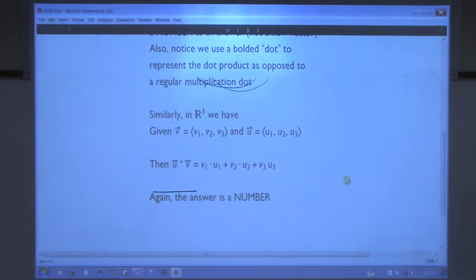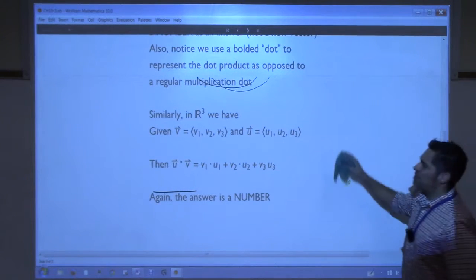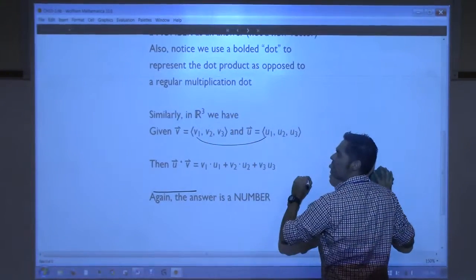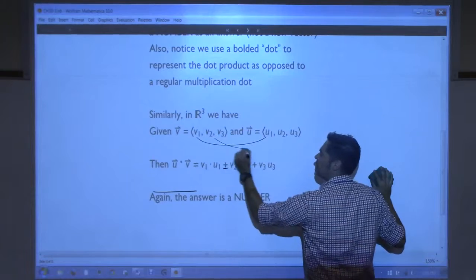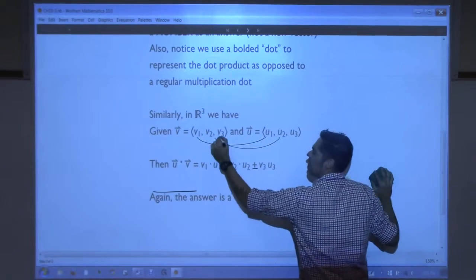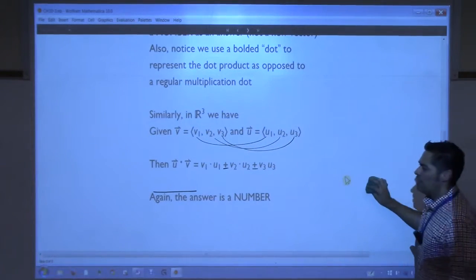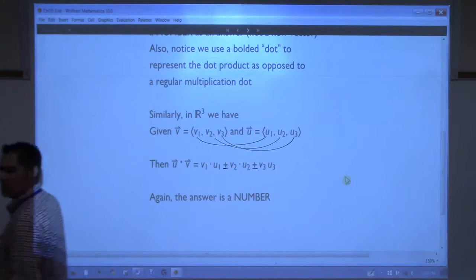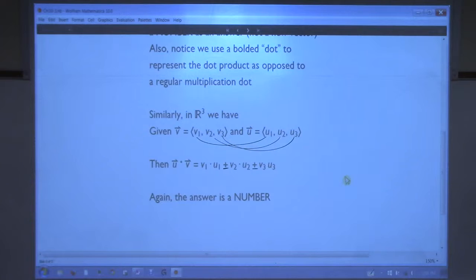In three-dimensional space, it's the same story. You take the first components, multiply them, then add to that the second components, and then add to that the third components, multiplied together. Again, the answer is going to be a number. Weird, right? The natural question would be, what does that number represent, right?